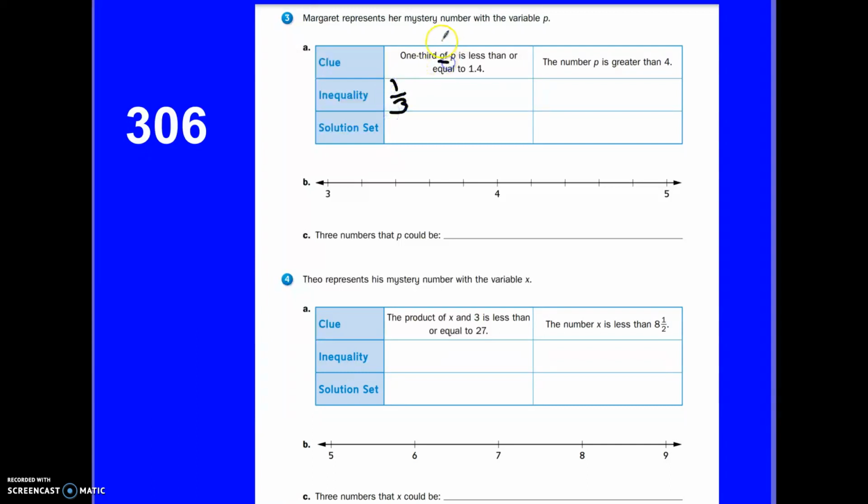I know that of means multiplication from previous lessons. So 1/3 times p is going to be less than or equal to, so I have to have that line underneath my sign, 1.4.